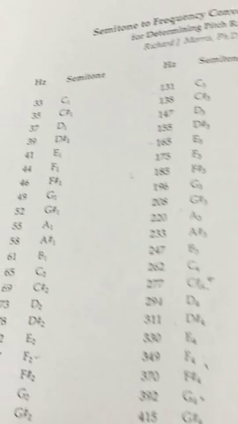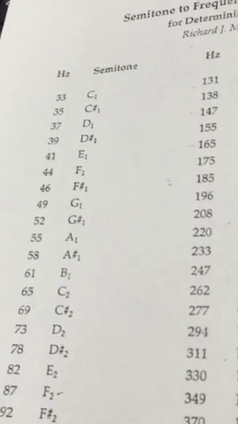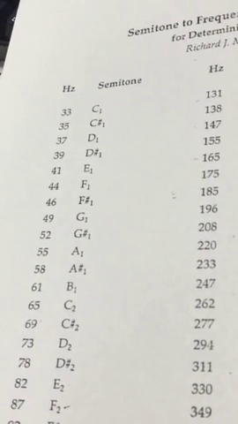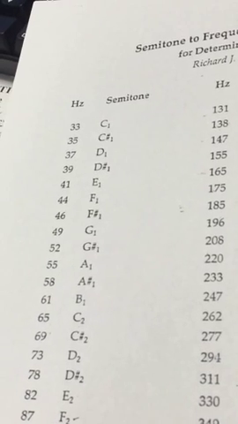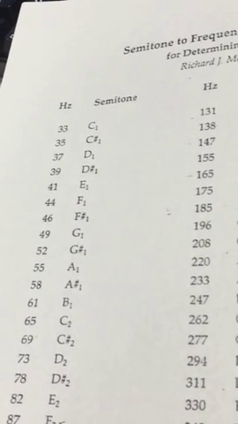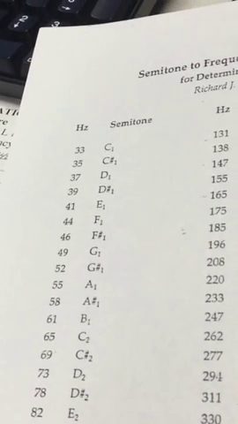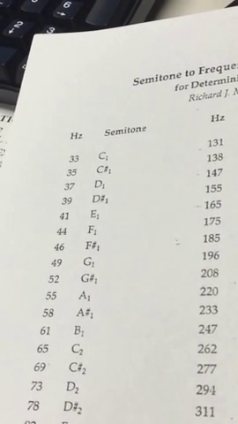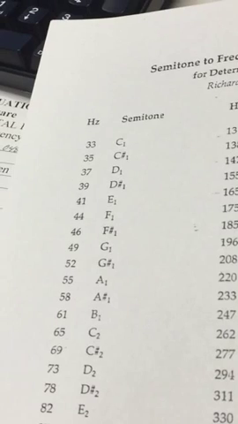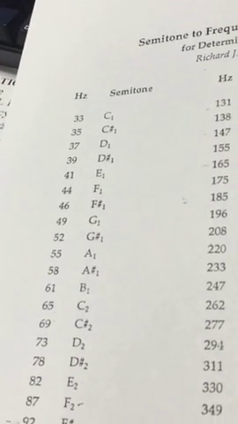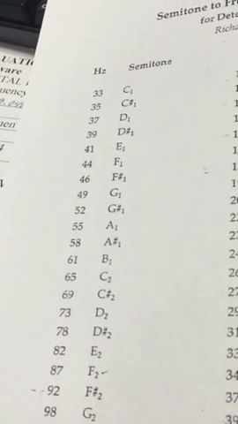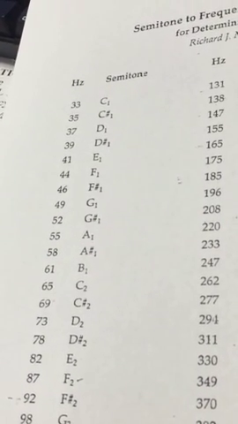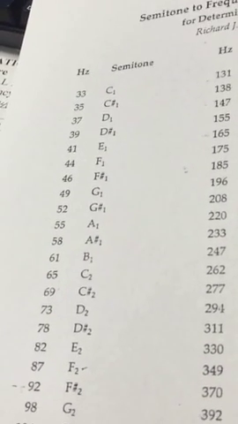For those of you who are familiar with music, you can see that 33 hertz there, the first number, is equivalent to the key of C, okay? And then if you go half a step up, a semitone, then you're at C sharp, and then that would be 35 hertz. You can see that it then goes all the way to 65 hertz being C2. So C1 to C2 would indicate 1 octave.